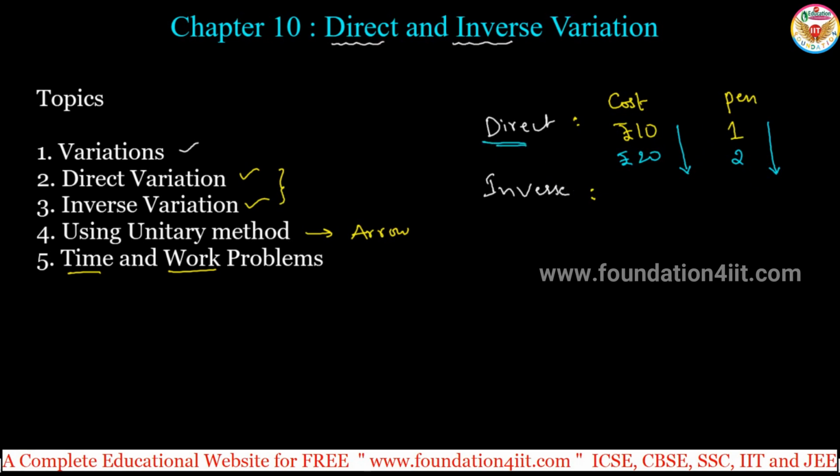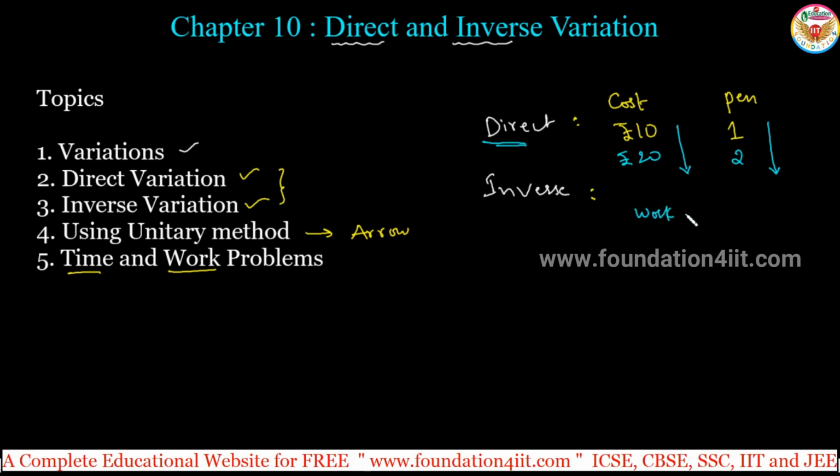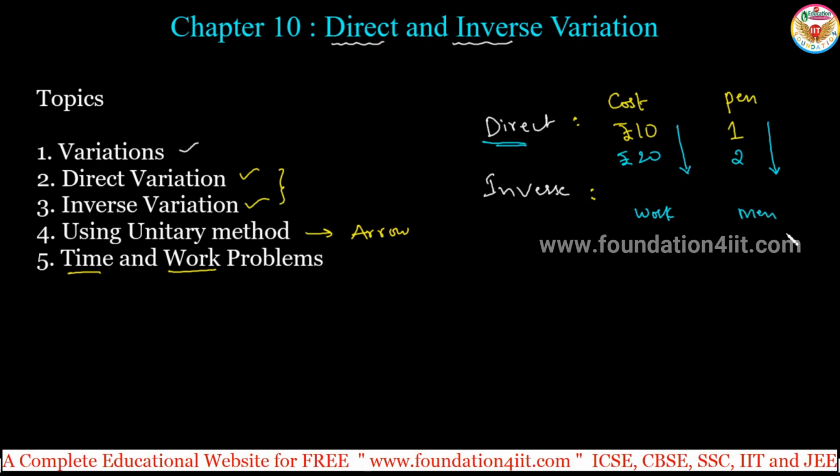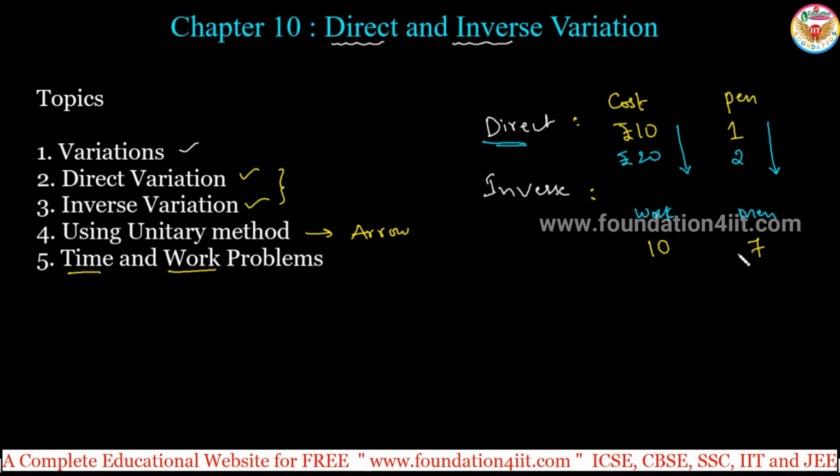And inverse variation is the opposite. One quantity is increased, the other quantity must be decreased. For example, work done by some people, the number of men and work. Let us say 7 men can do one work in 10 days.